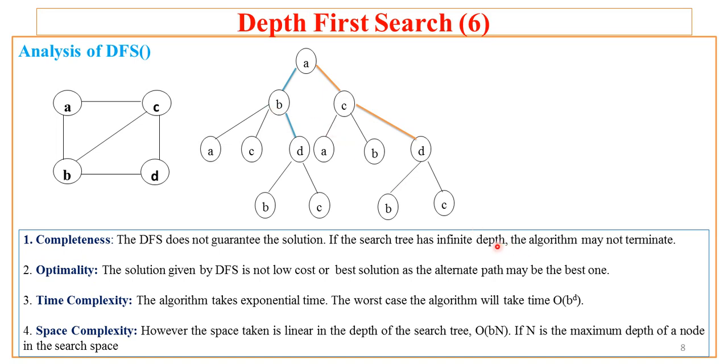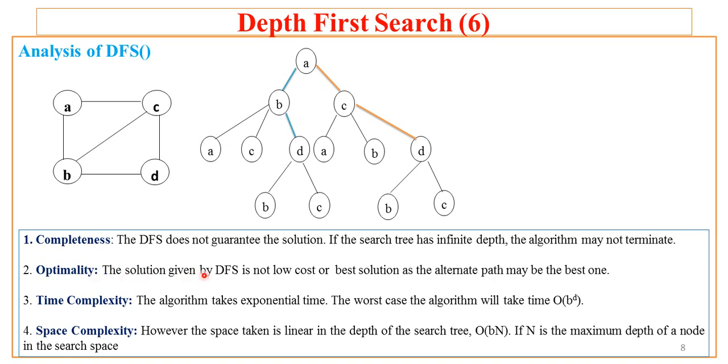And if it has infinite depth in the state space, the algorithm may not terminate. And if the algorithm doesn't terminate, there is no guarantee that you will get the solution. We'll explore this thing in the subsequent lectures of artificial intelligence. Don't worry.